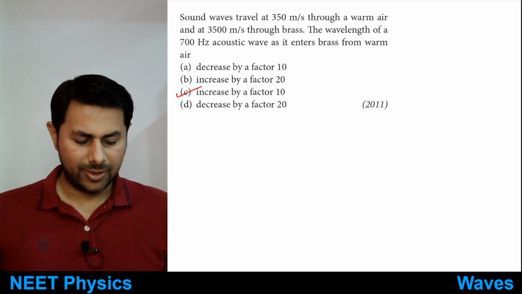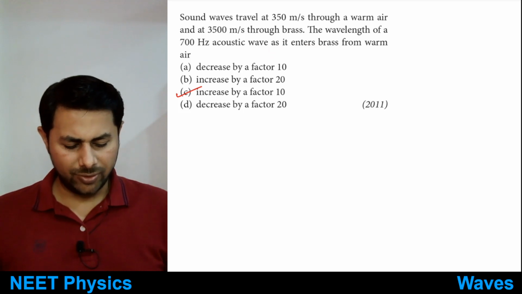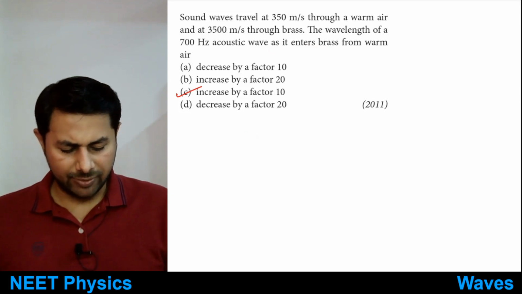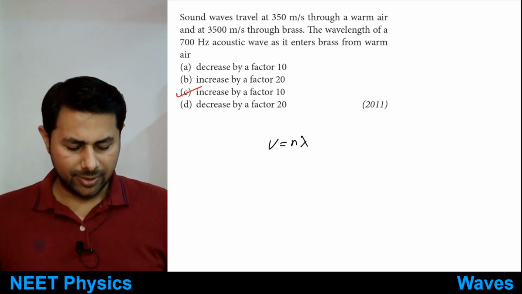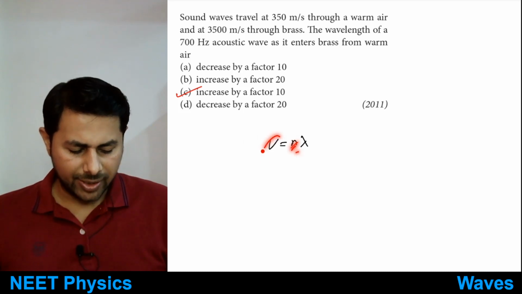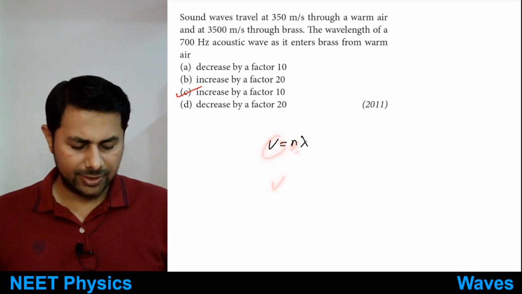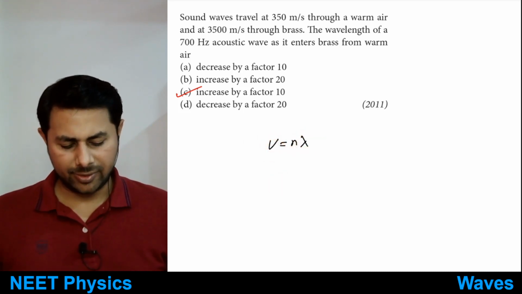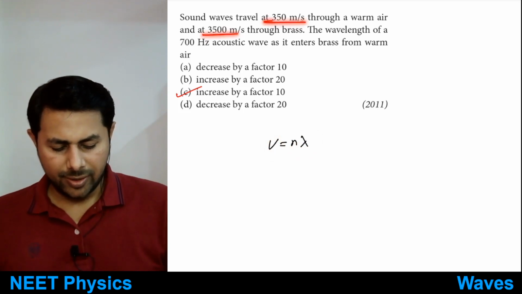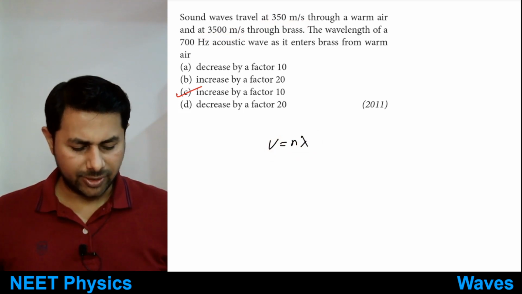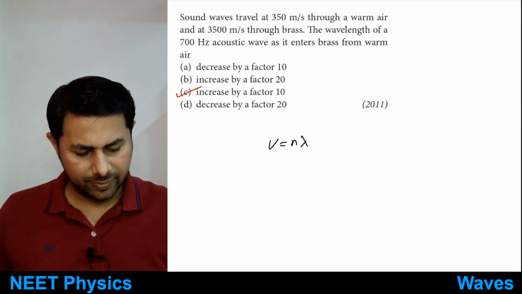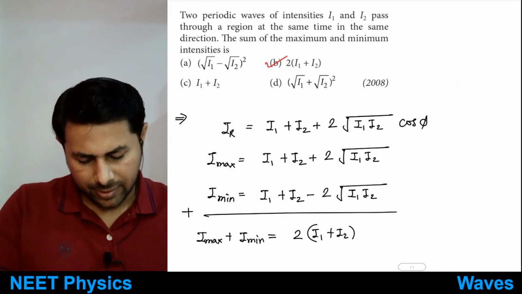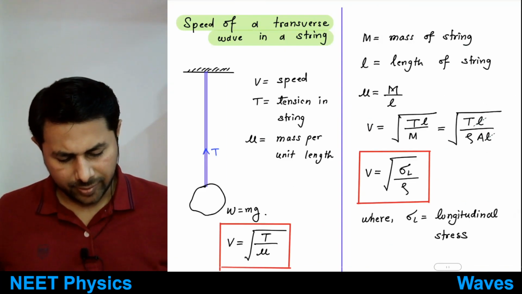What changes? Wavelength changes, and you know v is equal to n times lambda. N does not change, but if v increases 10 times, lambda increases 10 times. So here v is increasing 10 times, means lambda is increasing 10 times, right? So that's the answer.